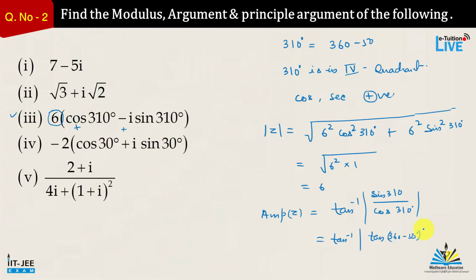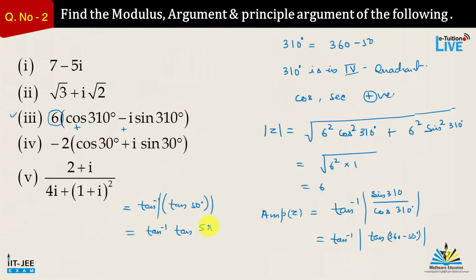We can write this as tan inverse tan 50 degree whole mod.